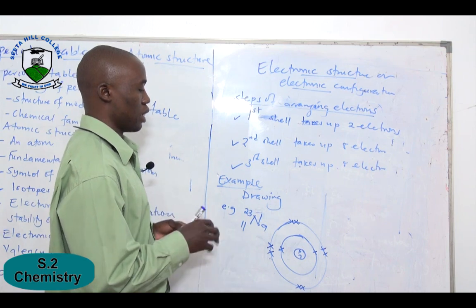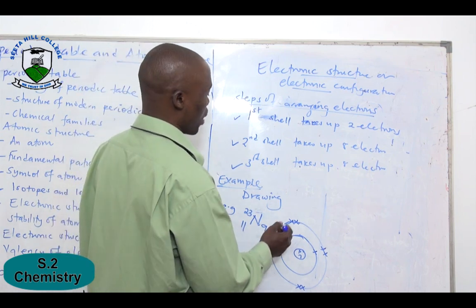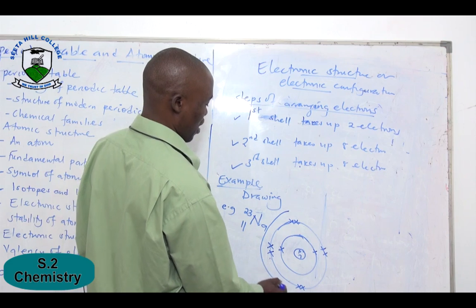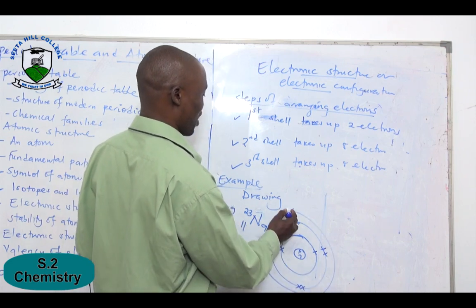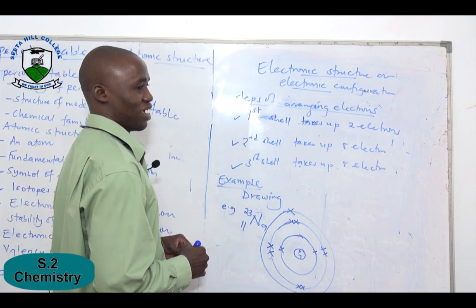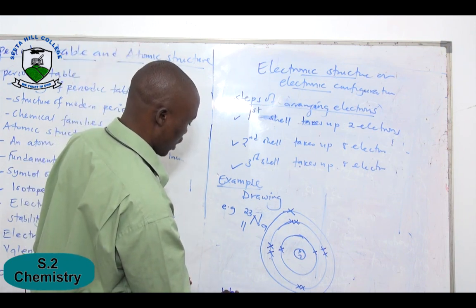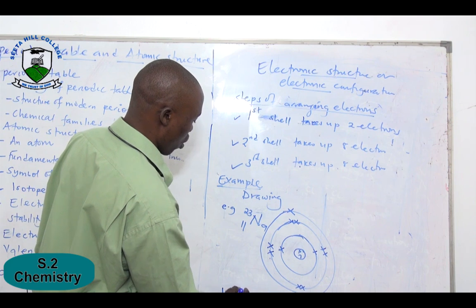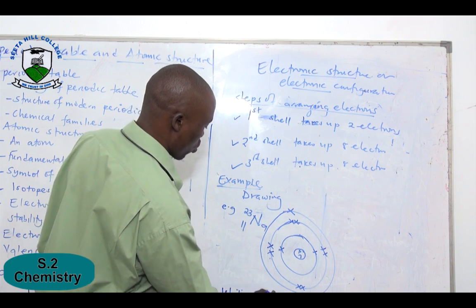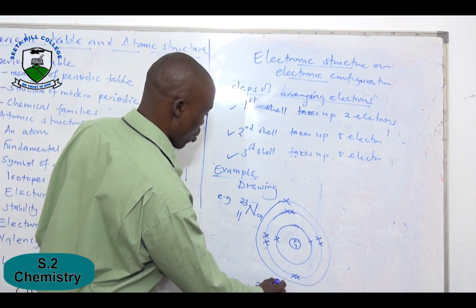We call it stabilizing each other. How many are remaining? 1. Therefore you put it there. See? In writing the structure now, how? 2, 8, 1.